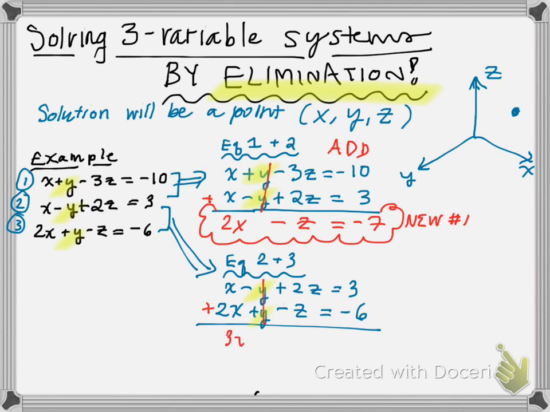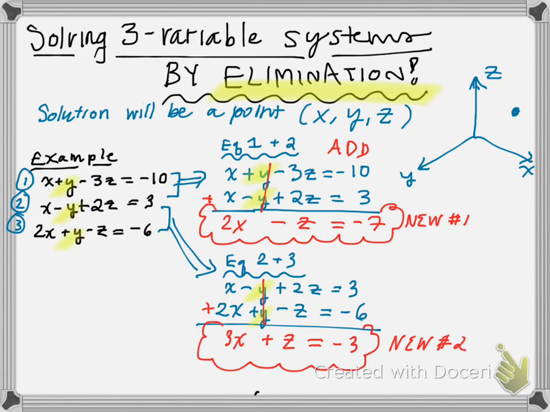We're going to get 3x, and then we have 2z minus z, so that's a positive z, equal to 3 minus 6, negative 3. So now I get a second new equation with two variables, x and z. I'm going to call this new number 2.